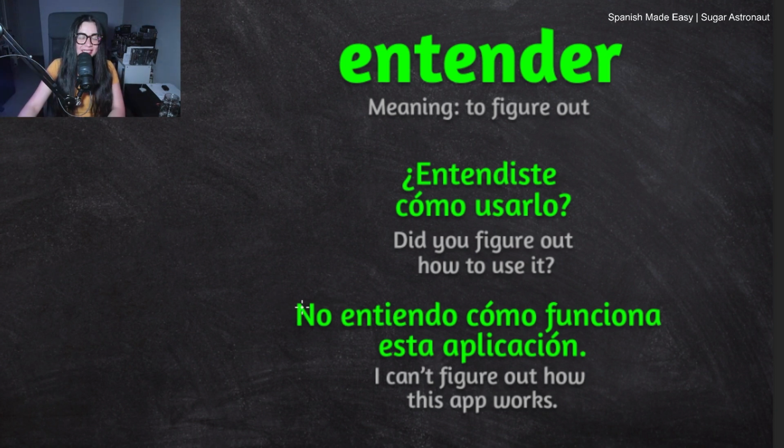Now let's break this down. Let's see how this sentence works. No can mean no, it can mean didn't, it can mean don't, it can mean quite a few things.